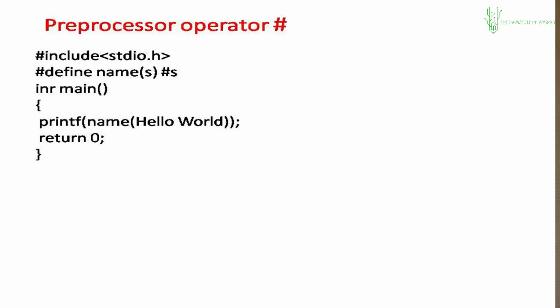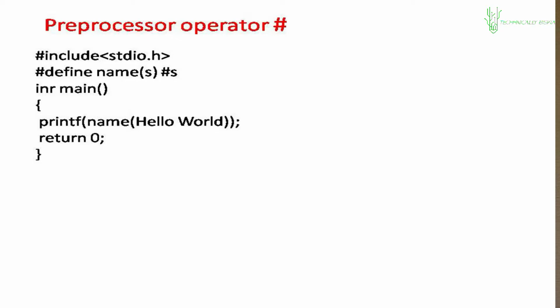Look at that example. #define name with a hash, and inside my program I am saying name hello world. What will happen? Hello world. Just for a second, imagine in that example printf hello world within double quotes. Of course, in a printf within the bracket, you want to print a string, you need to put it within double quotes.